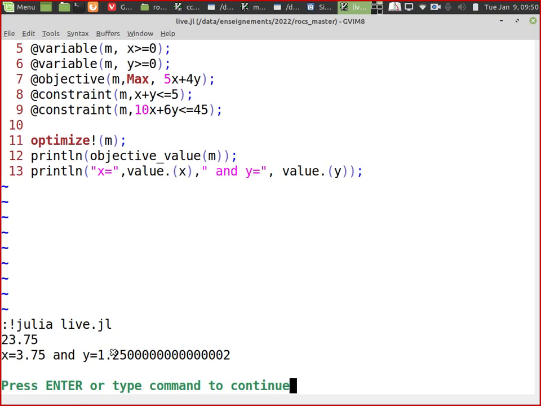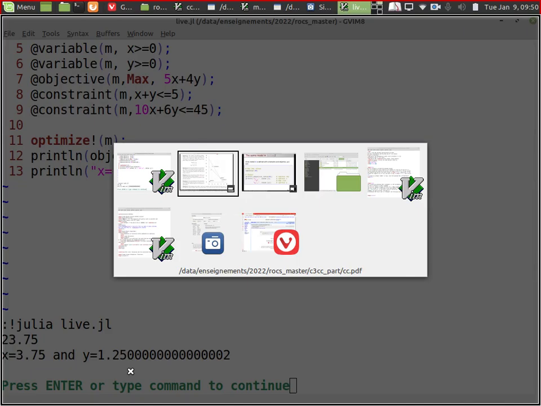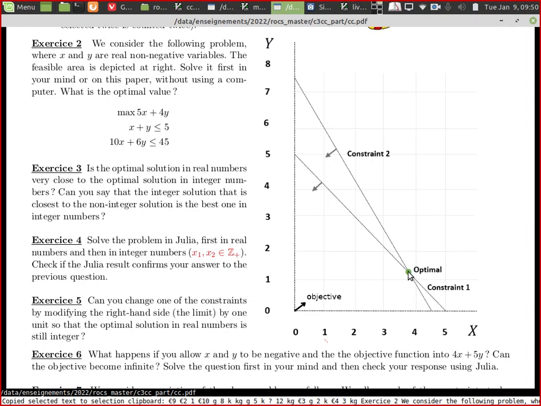This is x, 3.75, and y is 1.25. This seems correct now. This is the optimal solution in real numbers here.